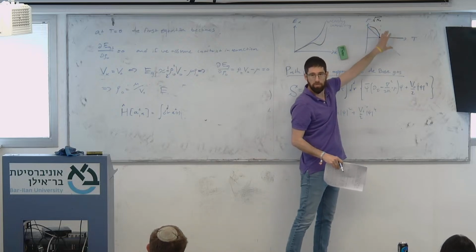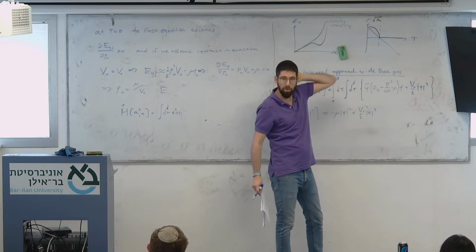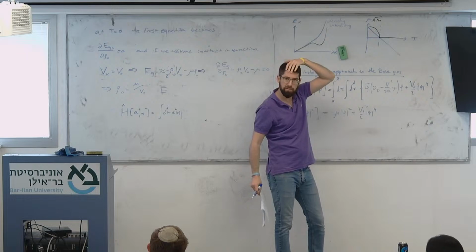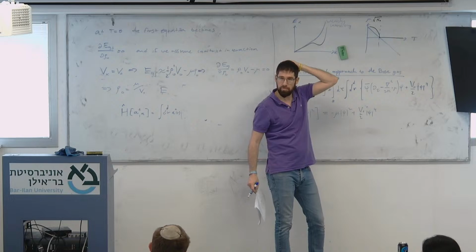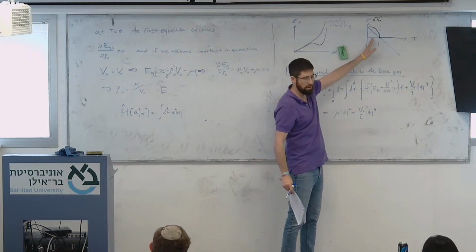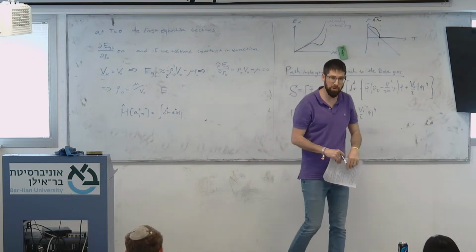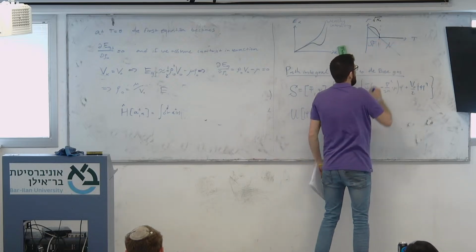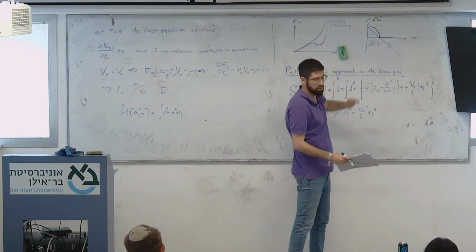It's a phase transition, because the interaction becomes relevant. It's not a superconductor, it's a superfluid. This is superfluid. This is normal. So this is the transition from the normal to the superfluid.